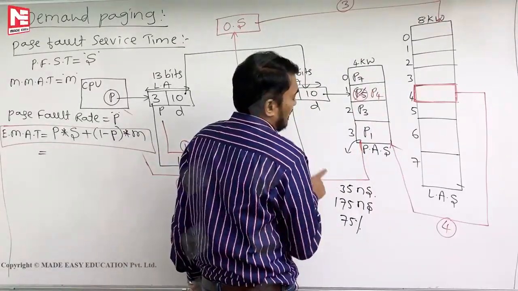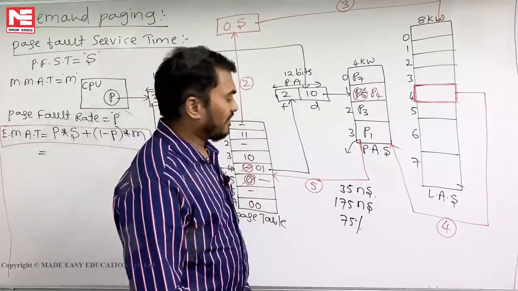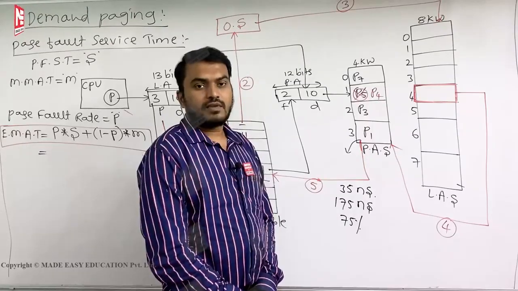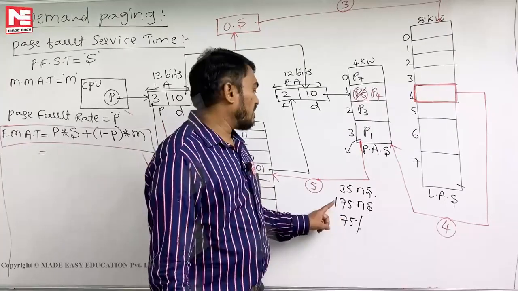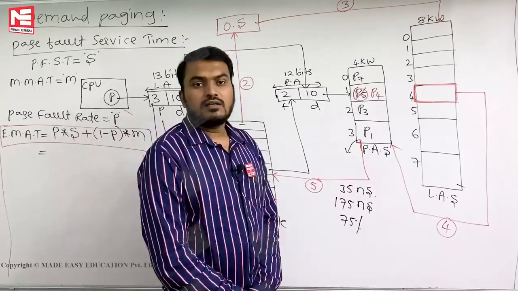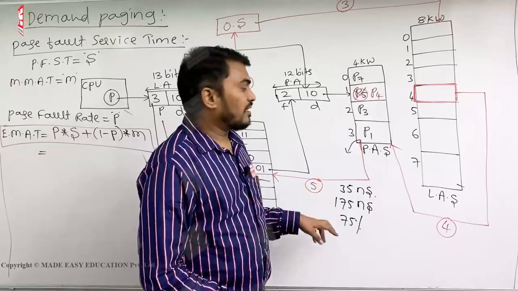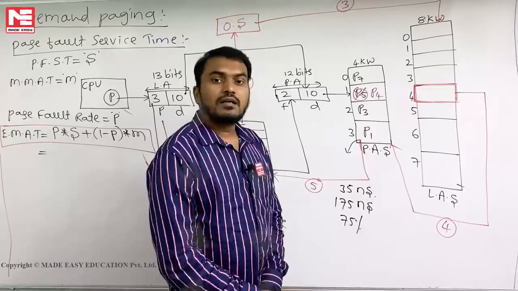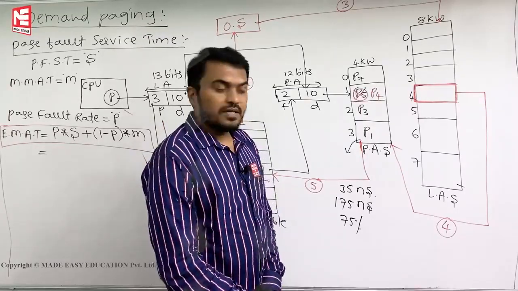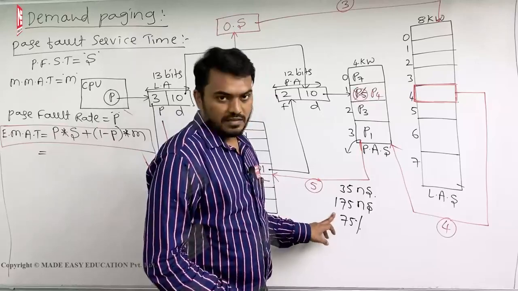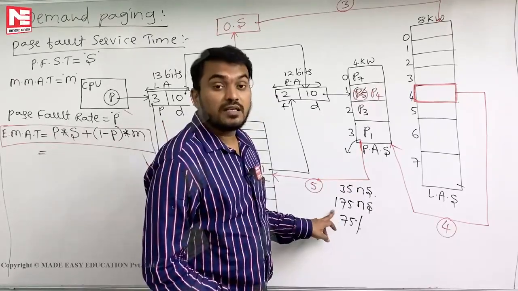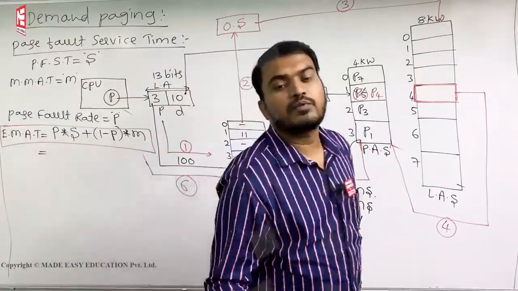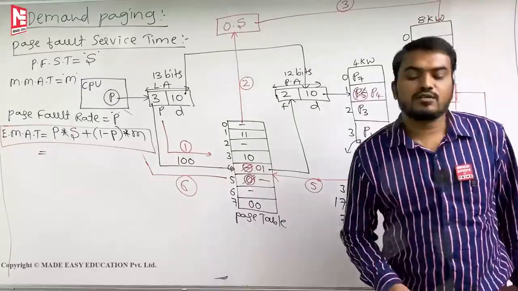I have written here main memory access time of 35 nanoseconds and page fault service time is 175 nanoseconds. I will write the values on the board, okay, if you have a doubt you can look. Page fault service time is 175 nanoseconds and page hit ratio is 75%. Then what is the effective memory access time?